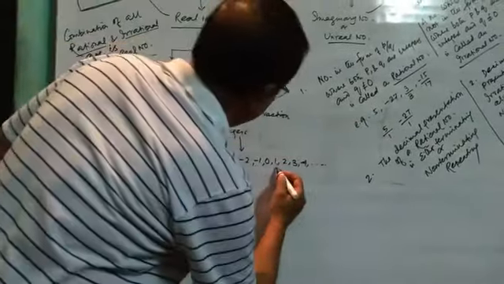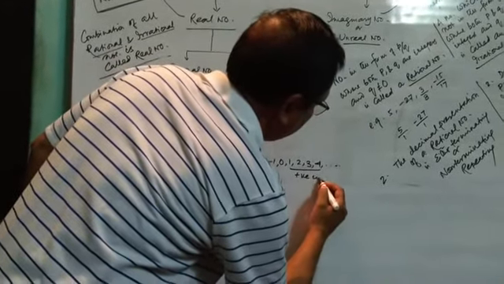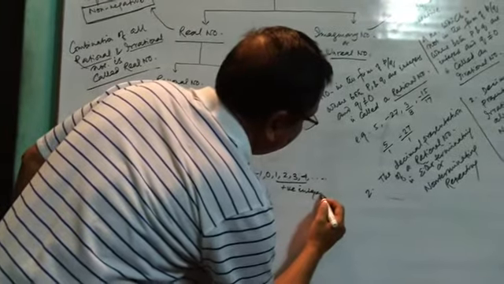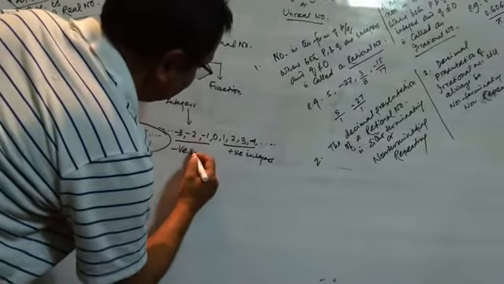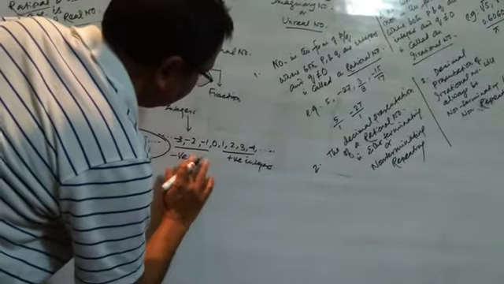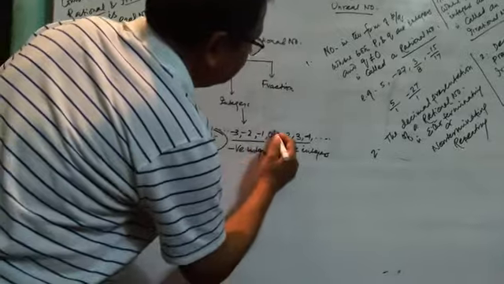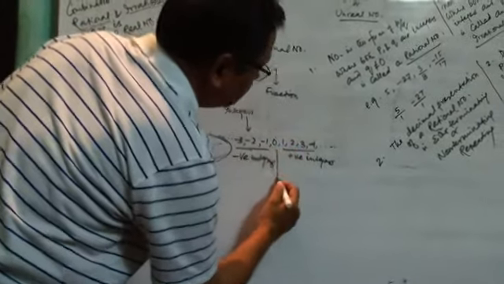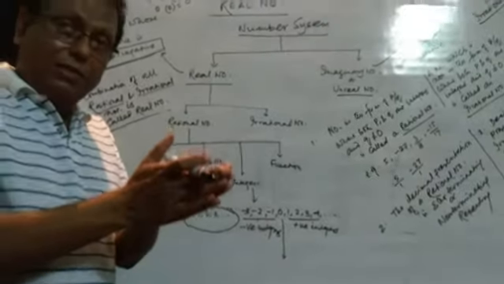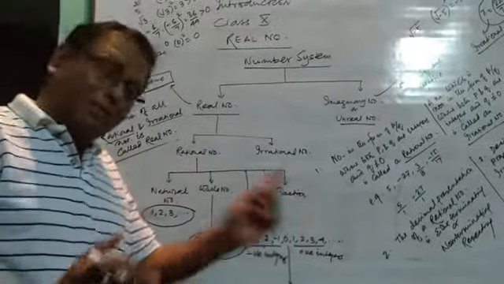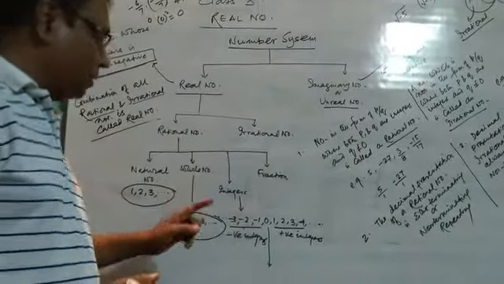These are called positive integers. These are called negative integers. And 0 is neither positive nor negative. 0 is neither a positive nor a negative integer, but it is an integer.